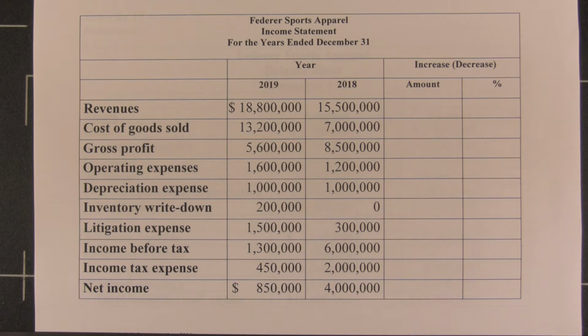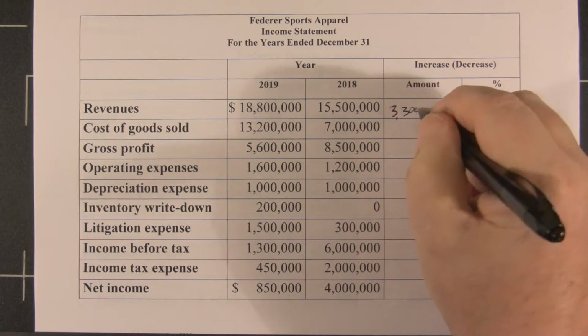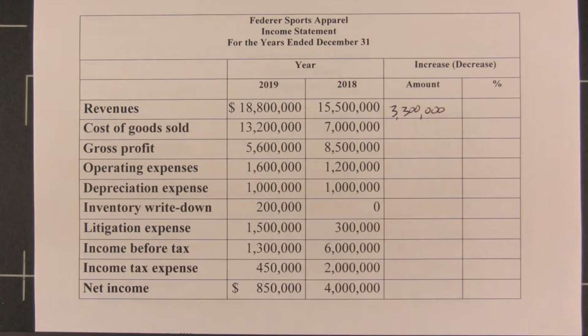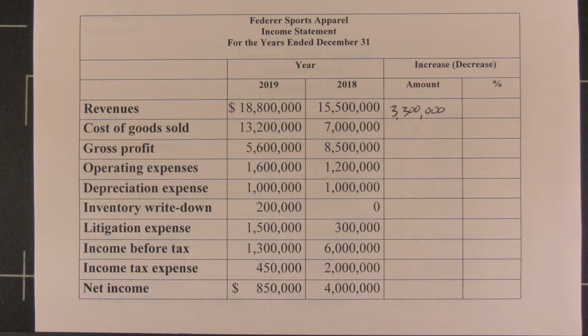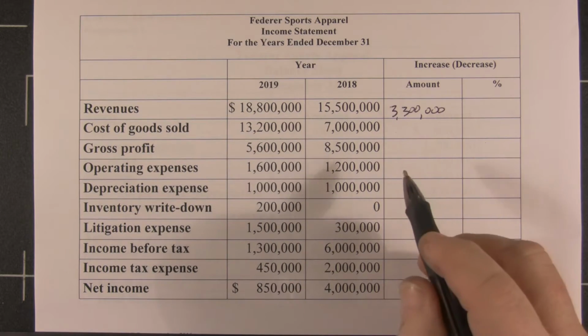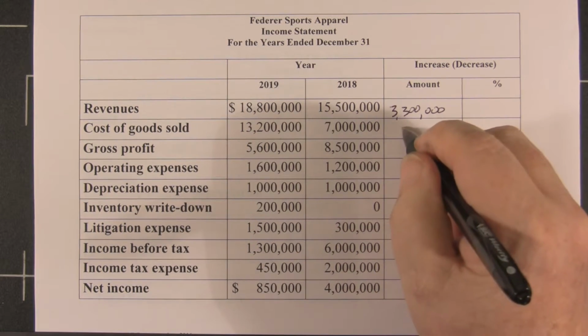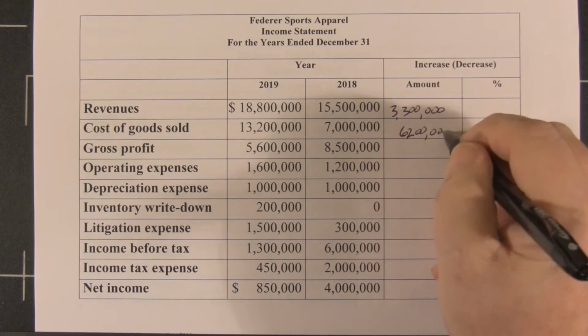So we'll start with revenue or net sales. The difference there is $3,300,000. Then we'll do cost of goods sold, and we'll subtract 7 from 13.2, and we'll come up with $6,200,000.